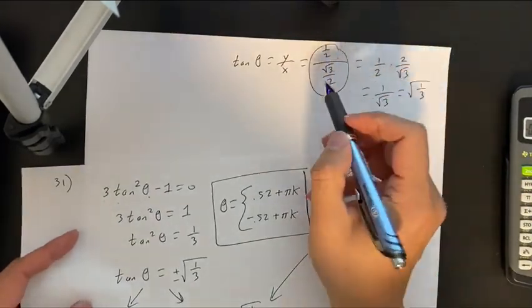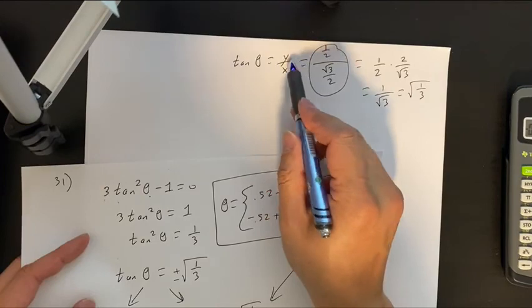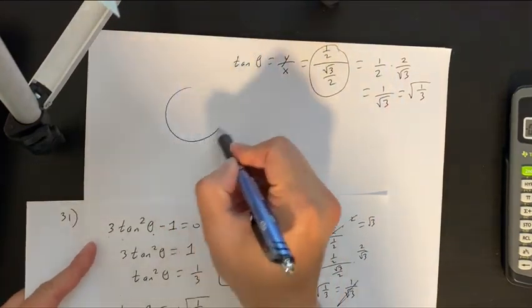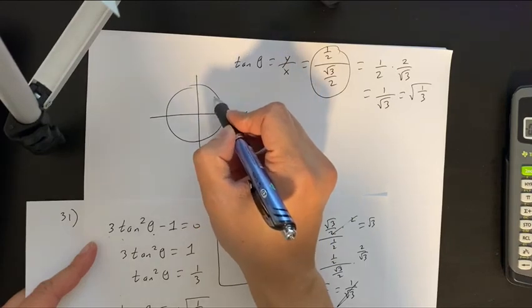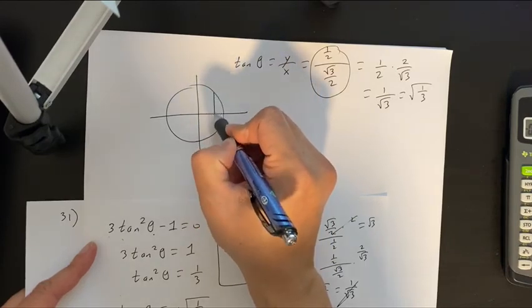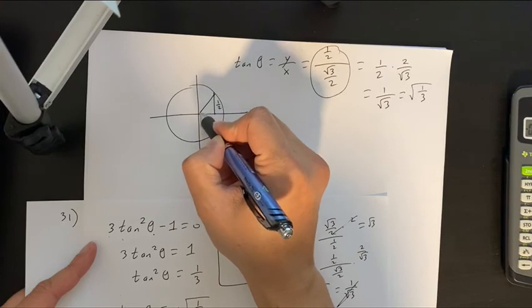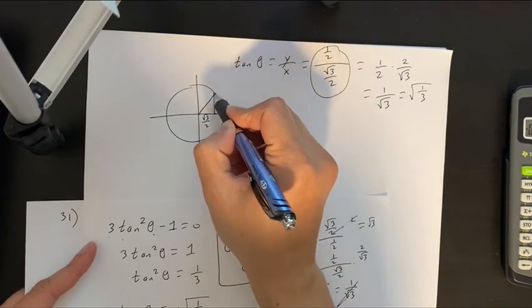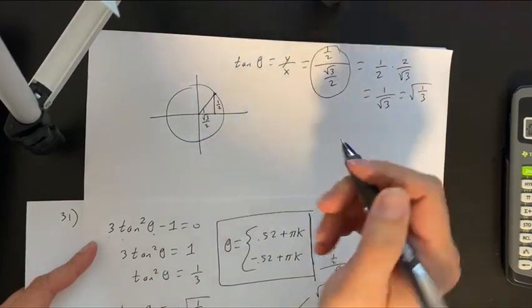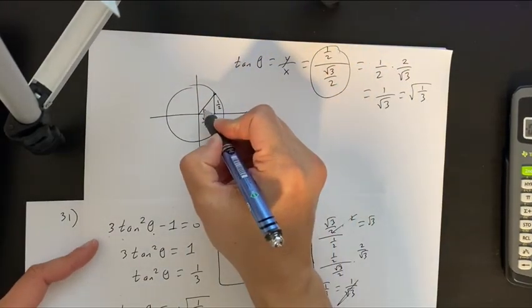So if you can figure out that angle where y is 1/2 and my x is √3 over 2, well, that's 30 degrees.